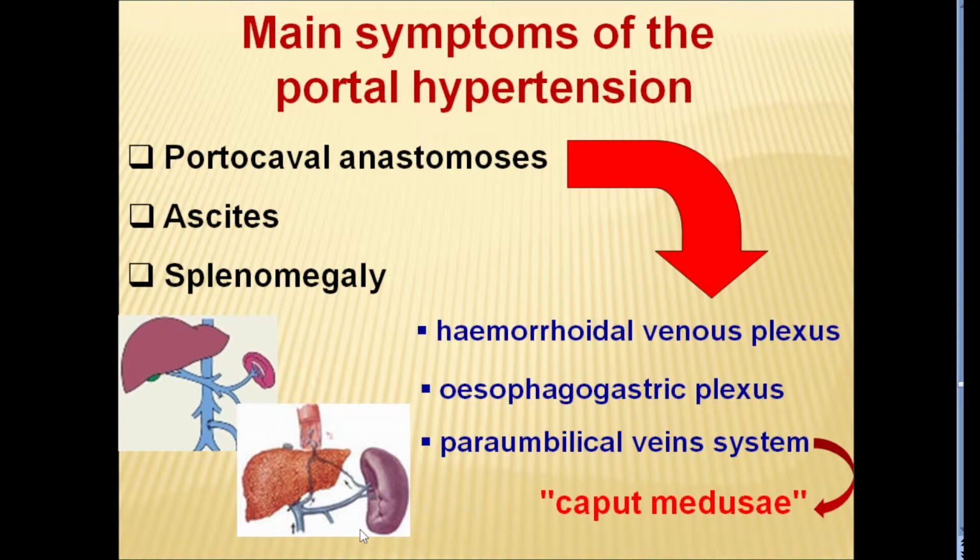You must remember that three pathological processes are characteristic of portal hypertension: formation of porta-caval anastomoses, ascites, and splenomegaly.